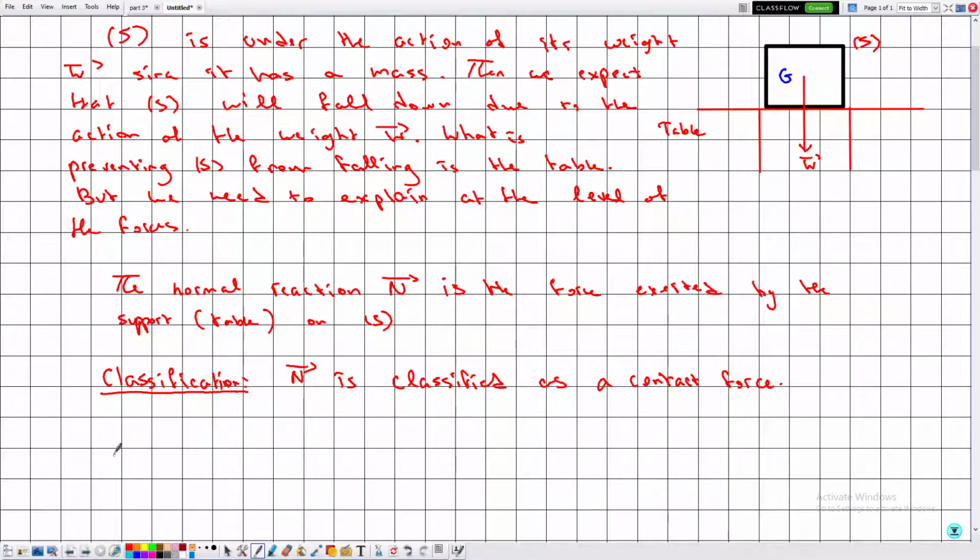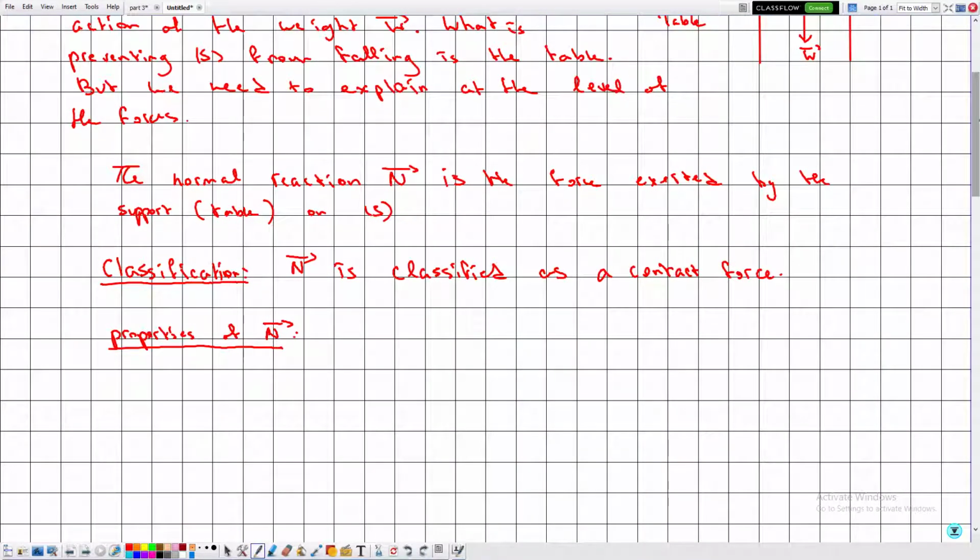What are the properties of N? By the properties we mean the point of application, the line of action, the direction, and the magnitude.